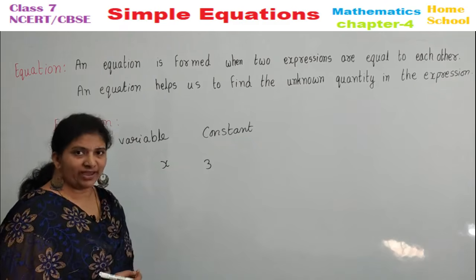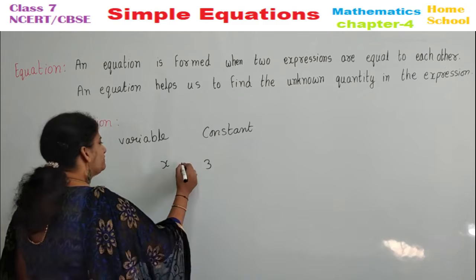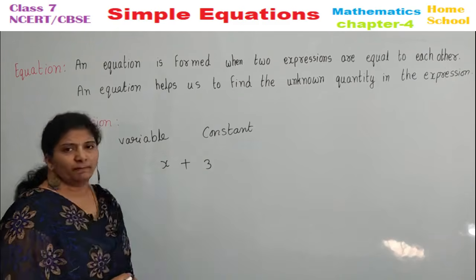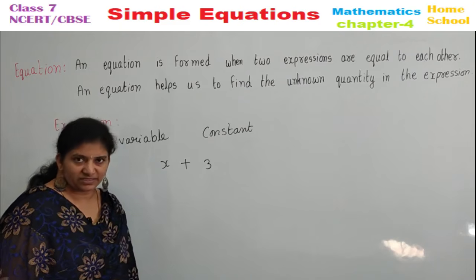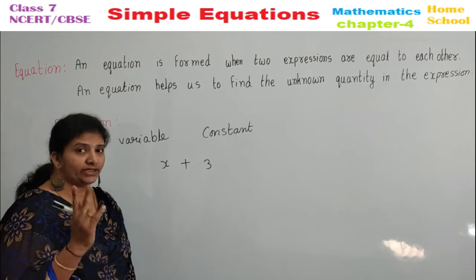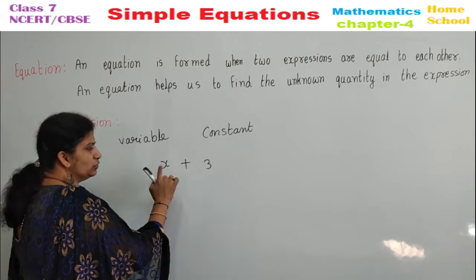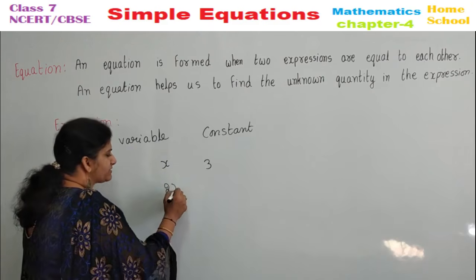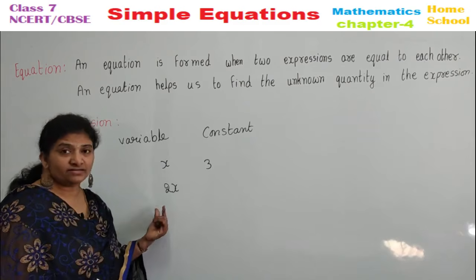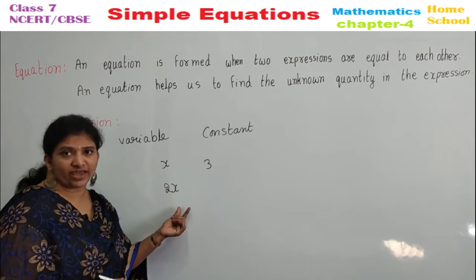We can frame an expression using plus or minus sign. If I put here plus 3, x plus 3 is an expression having two terms. We call them terms. If I write 2x, it is twice the variable, or the number, we don't know this number, right?